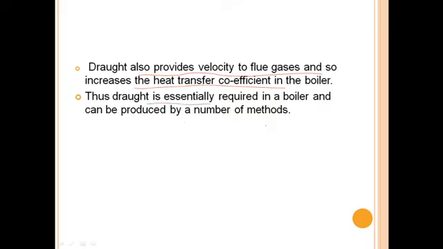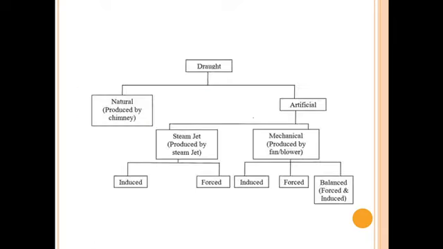Draught is essentially required in a boiler and can be produced by a number of methods. Basically, this draught is classified as natural and artificial. Artificial has another two types.